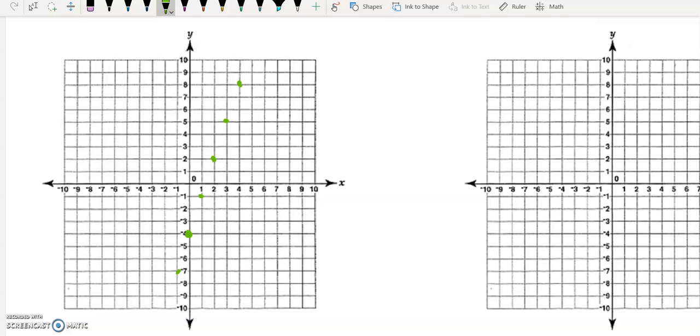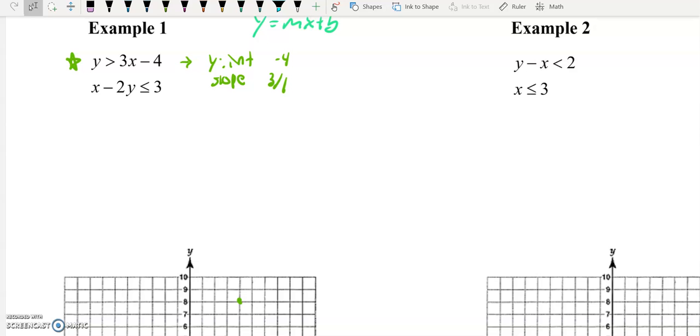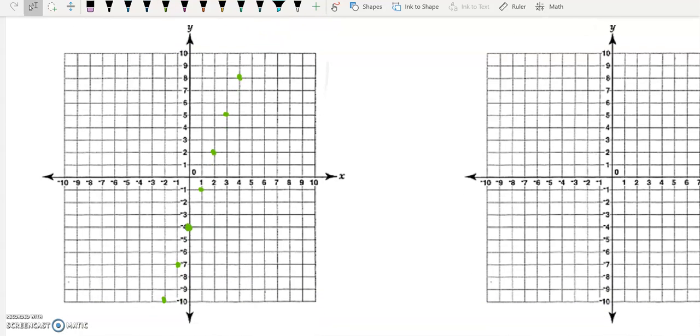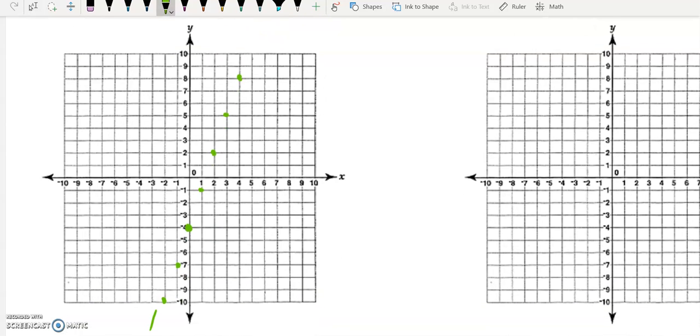Same thing going the other direction. Again, these are linear, so we're looking to create a straight line. Now, before I draw my line, I do need to decide whether it's solid or dashed. This one's going to be dashed because it's not equal to. So I'm going to go ahead and draw a dramatic dashed line going all the way through this.